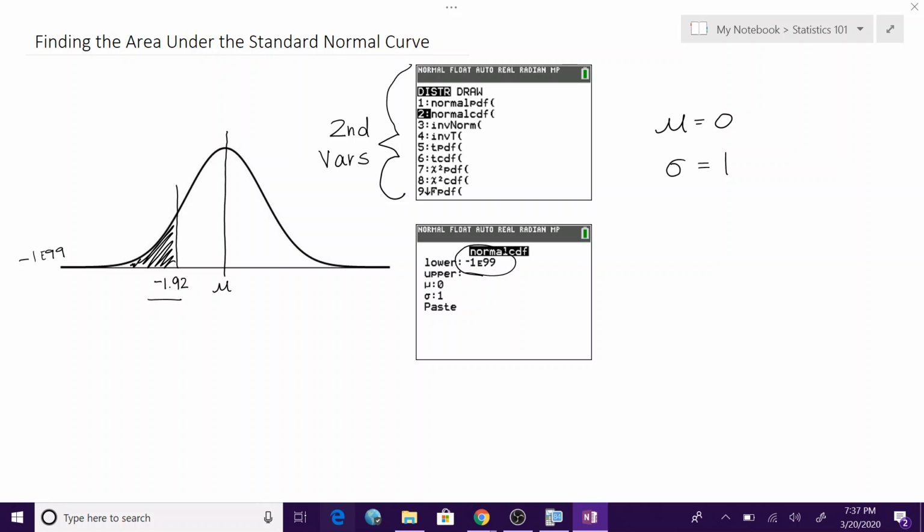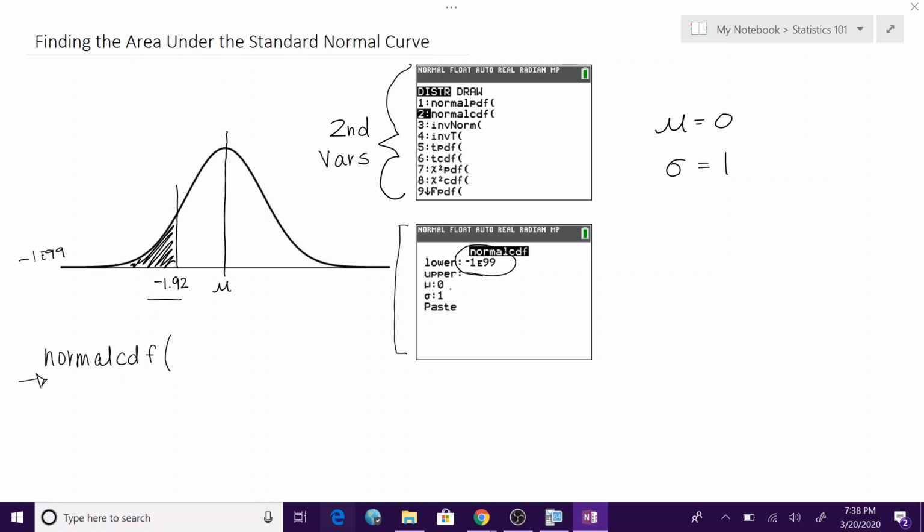When you have normal CDF pulled up, you'll end up with the following window on the bottom right here. All right. Now, depending on what kind of calculator you're using, you're either going to have this menu pop up when you do your normal CDF, or you're going to have something that looks like this in your calculator.